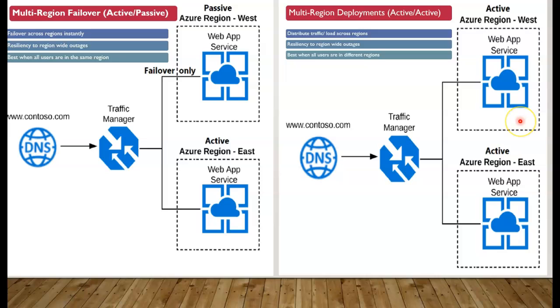Also, if one of those regions goes down, our Traffic Manager can just point all the traffic to the region that is still up, and our users won't even notice that our systems are down in any data center.